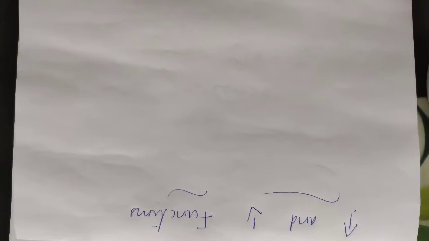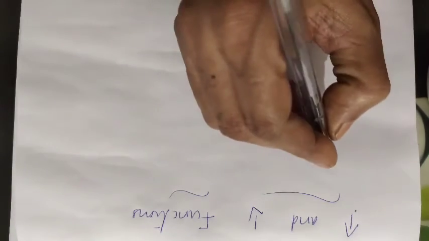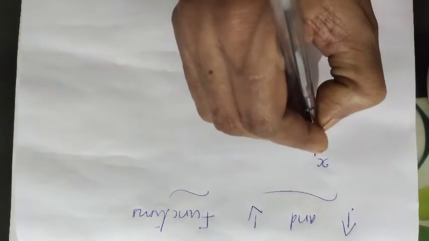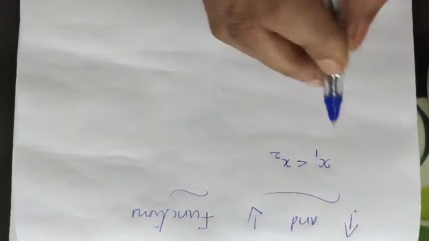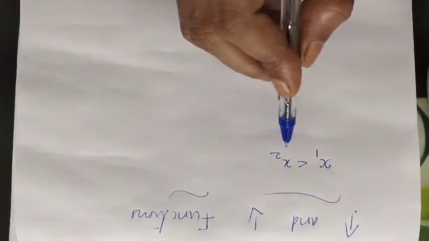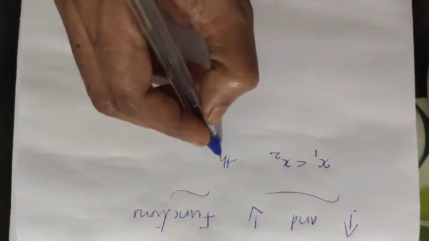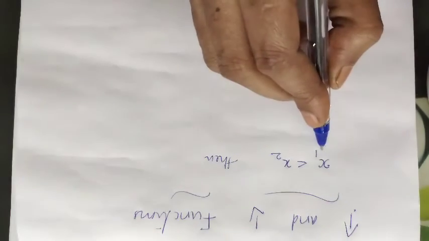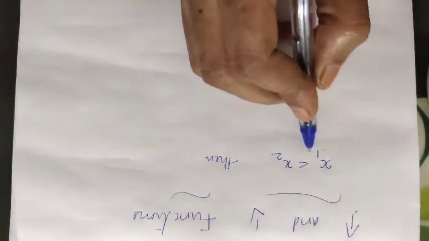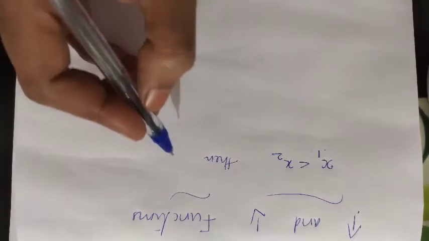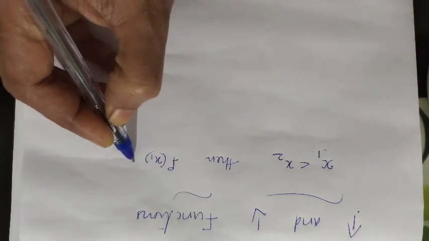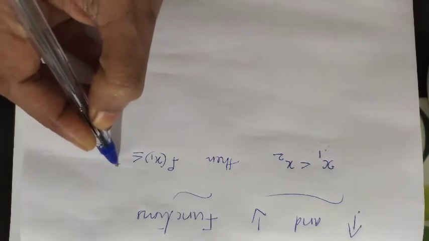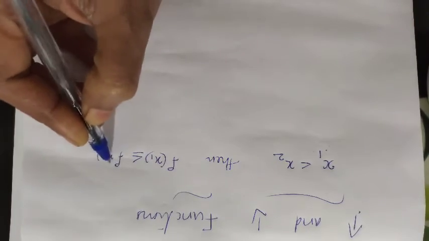See, in the interval I, if x1 is less than x2, see the change? Then f of x1 is less than or equal to f of x2.